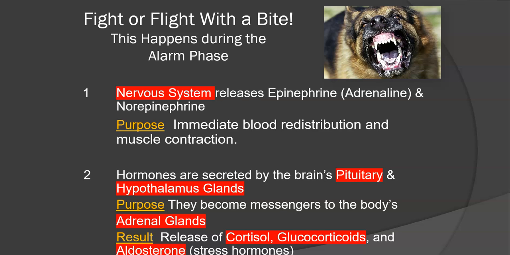So I'm going to give you a heads up here. Get good at recognizing that adrenaline or epinephrine is a stress hormone and that cortisol is a stress hormone. Epinephrine and cortisol are two that I want you to remember.